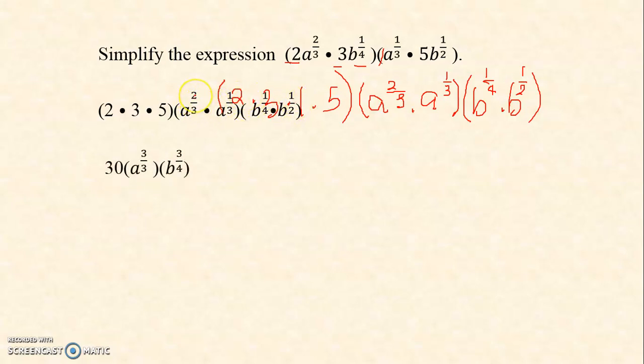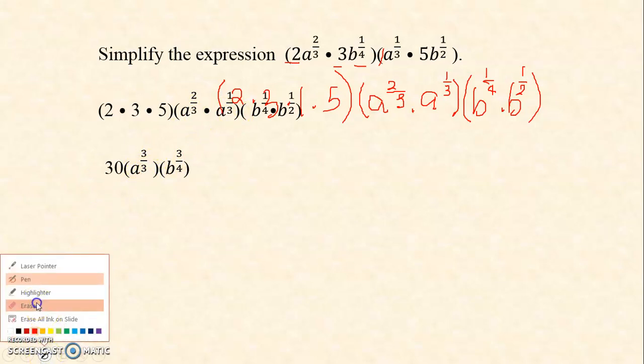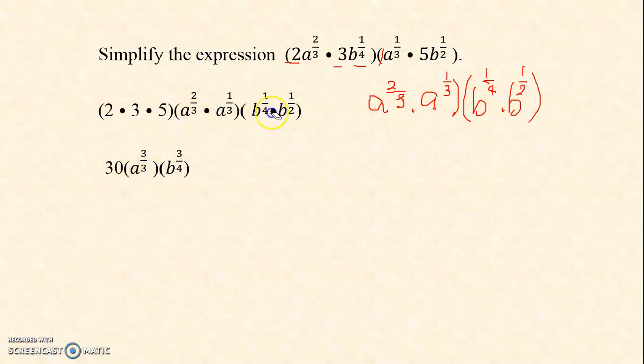And then, you're going to add the exponents. Since they have the same base, you just have to add the numerators. So 2 plus 1, that is 3. Then copy the denominator since they have the same base. How about in this one?